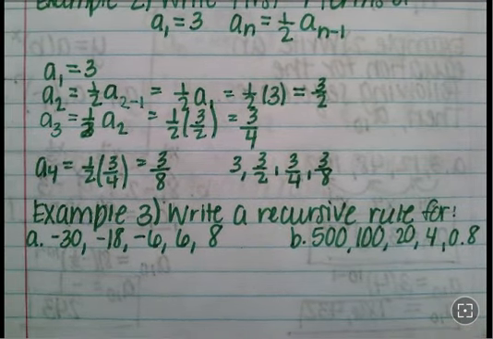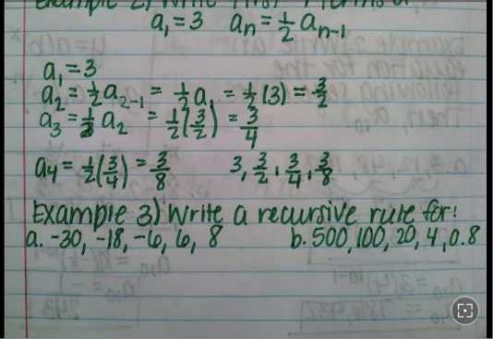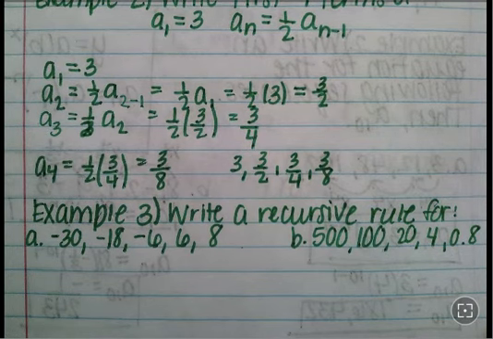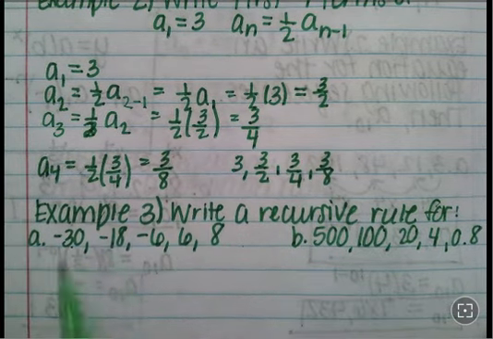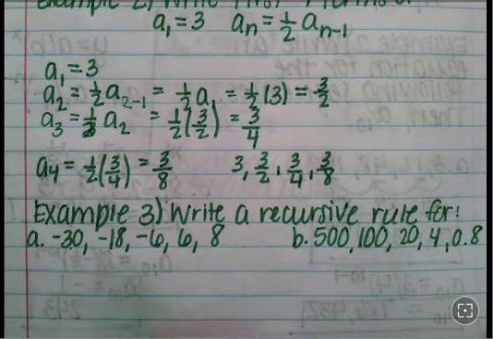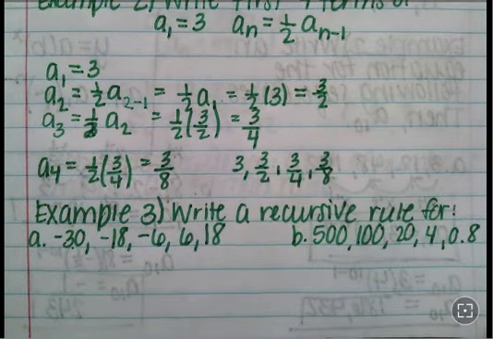The first thing you have to realize is, what is the pattern? Are we arithmetic or geometric? Because that's going to determine which one of the formulas that we use. Right here, we've got -30 to -18, -18 to -6, -6 to 6, and then 6 to 18.